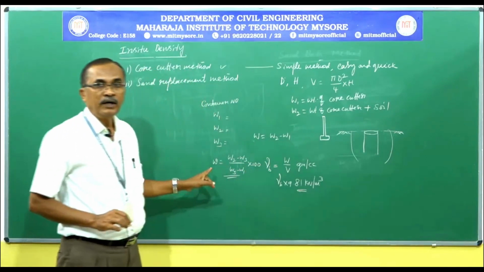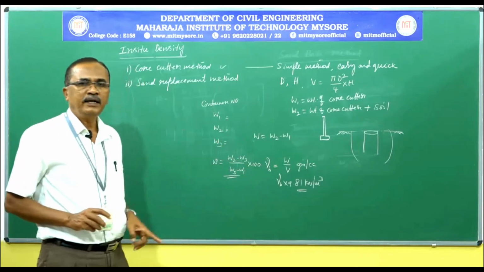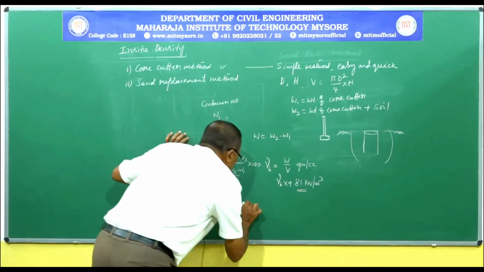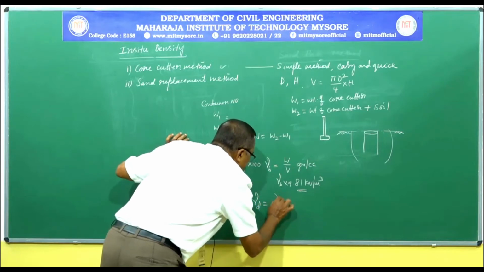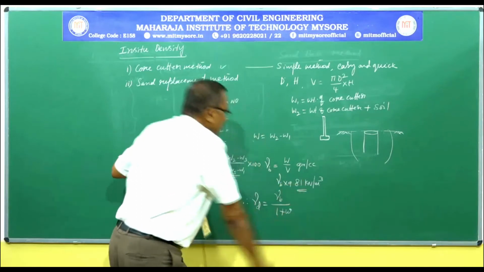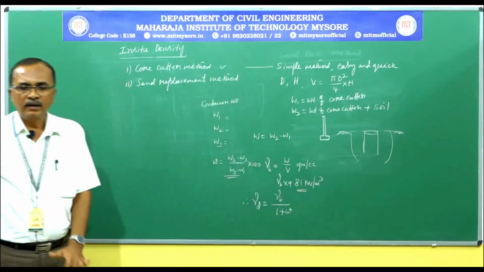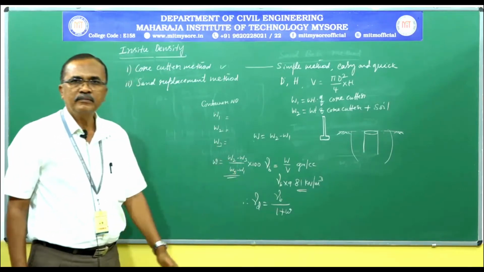Once we know the water content of the soil, one can easily determine dry density and dry unit weight. Dry density or dry unit weight, gamma D, is equal to gamma B divided by 1 plus W. Likewise, we can determine gamma D for a trial.